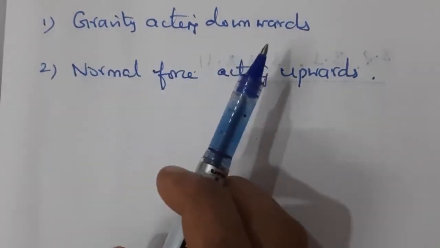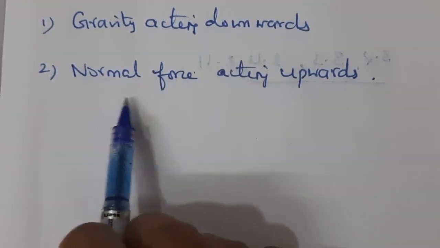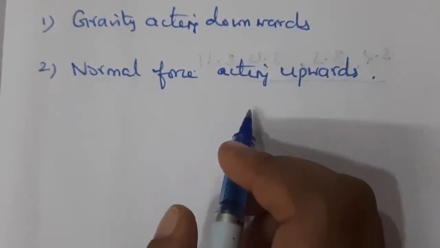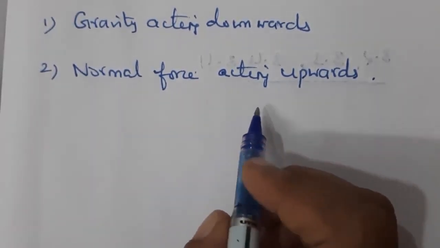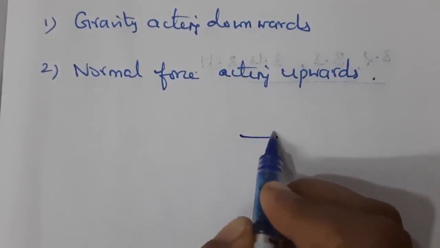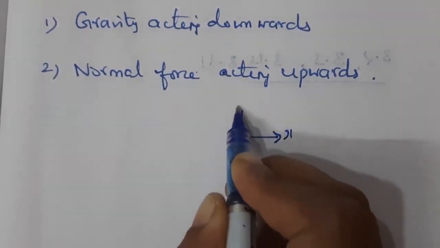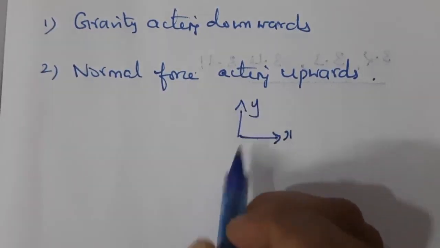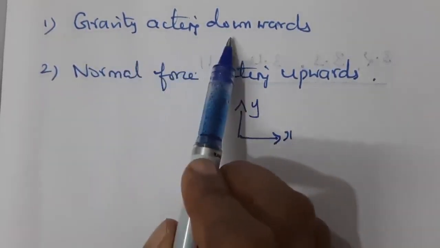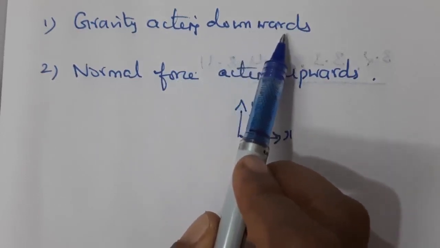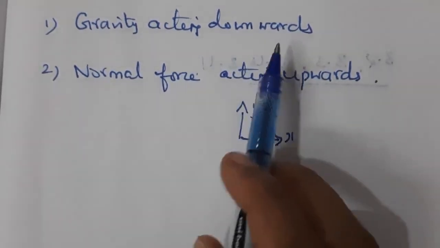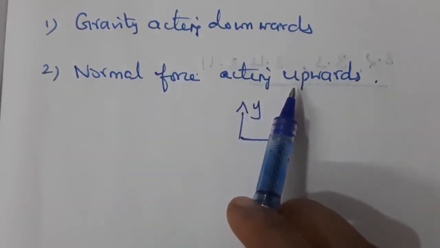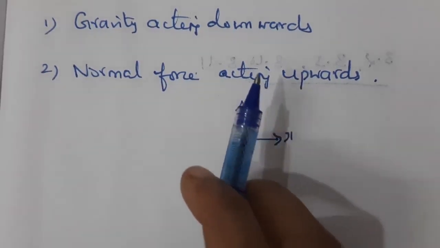Gravity acts downwards, normal force acts upward. Here the inertial coordinate system we can consider like this. This is the x-axis, this is the y-axis. So this is the positive y-axis, this is the negative y-axis. Gravity is acting downward, so we can say it is in the negative y direction. Normal force is acting upward, which is in the positive y direction.